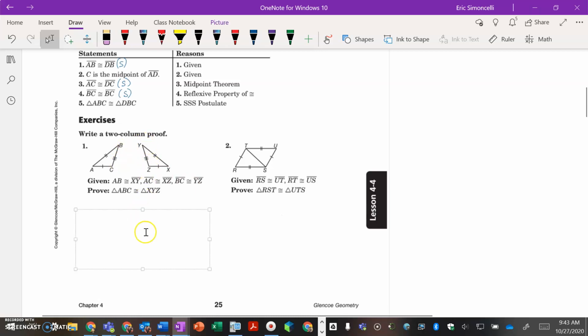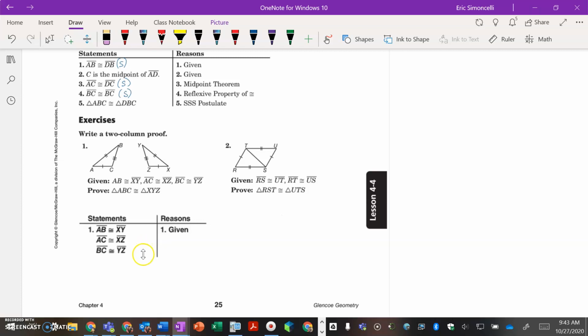So let's prove this. First thing I'd like you to do is highlight your two columns, one with statements, one with reasons, as the column headings. And as we typically like to do, we highlight all the givens. All your givens are denoted as such, wherein we see AB congruent to XY, AC congruent to XZ, and BC congruent to YZ.